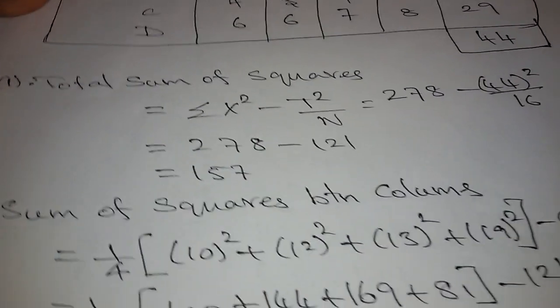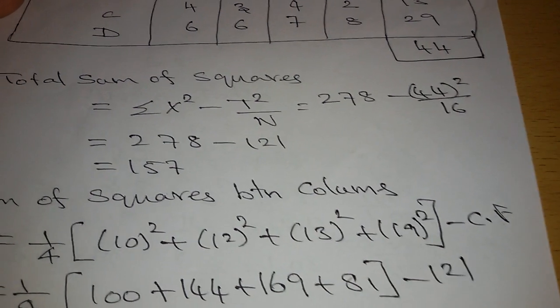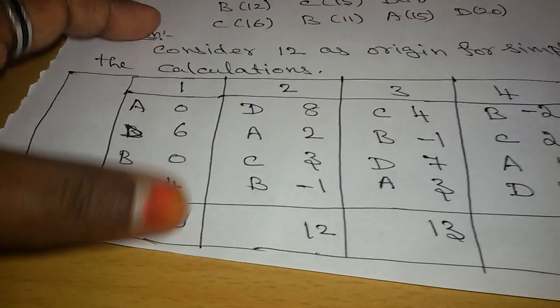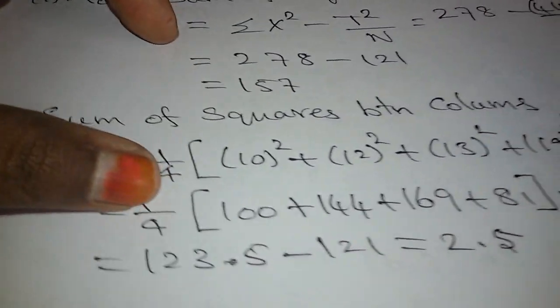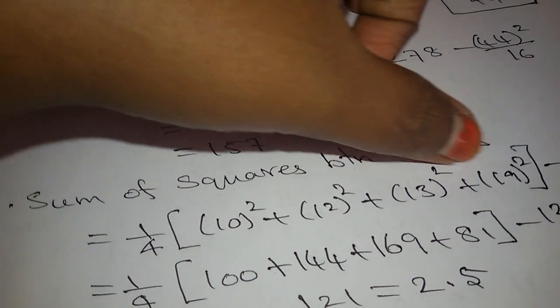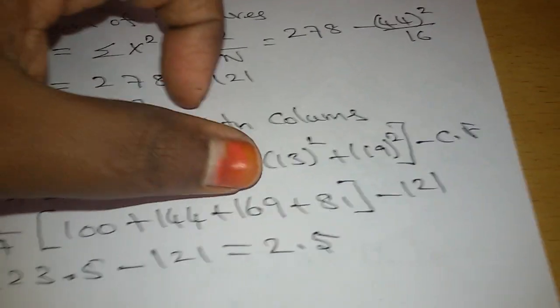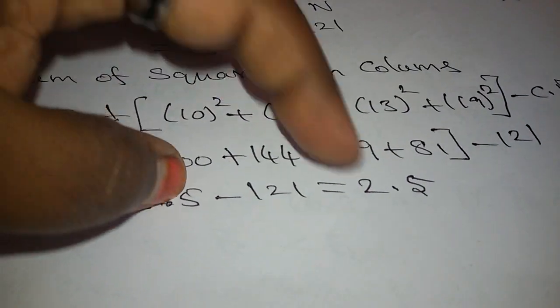Those values you consider here, minus the correction factor. Each column has 4 values, so you have 1 by 4 as a common factor for these squares. After substituting and simplifying, you get the value 2.5.